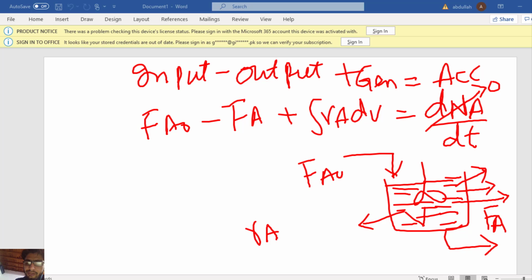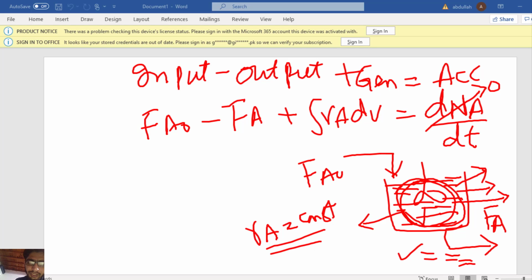So the concentration, temperature or rate present in the reactor is equal to the outlet concentration and outlet rate. So the rate inside the reactor is considered equal to the rate at the exit flow in the case of CSTR. So the rate is constant in the case of CSTR.